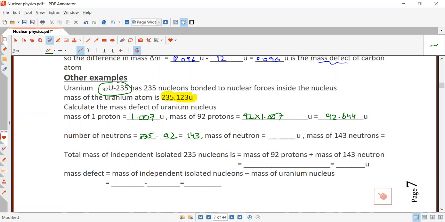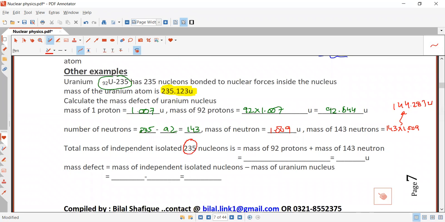The mass of one neutron is 1.009 U. So the mass of 143 neutrons is going to be 143 times 1.009, which is 144.287 U, right?